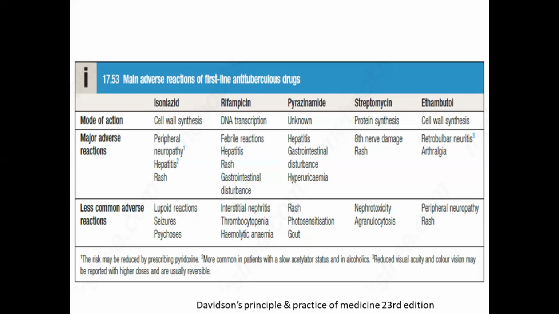From this box, you could have already noticed that most of the drugs have hepatitis as a major adverse reaction. So you should keep in the back of your head that hepatitis should always be considered in a patient who has deranged liver function tests after the start of anti-tubercular drugs. And you should be extra cautious with a patient who already has deranged liver function tests before starting the anti-tubercular drugs.